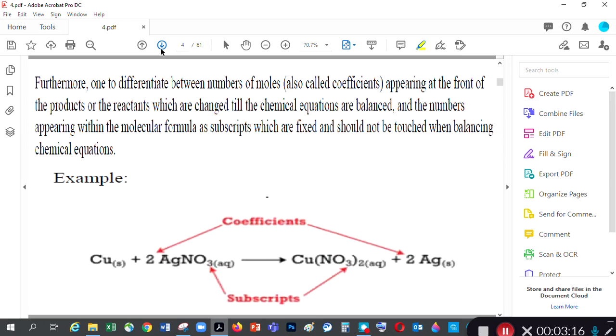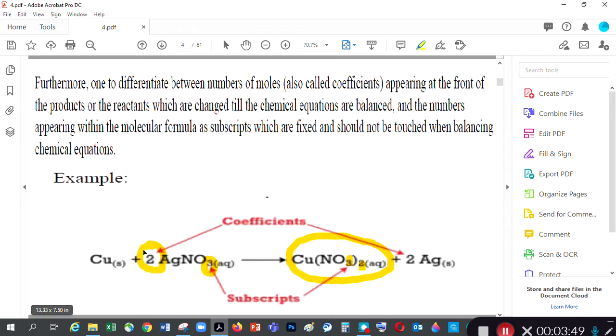When balancing a chemical equation, we have to pay really close attention to two numbers. This number here is called the number of moles, or coefficients, correct? We must not mix them up with the subscripts. Those are the subscripts here, as you can see. They are part of the molecular formula of the compound or molecule, so we are not allowed to touch any subscripts whatsoever.